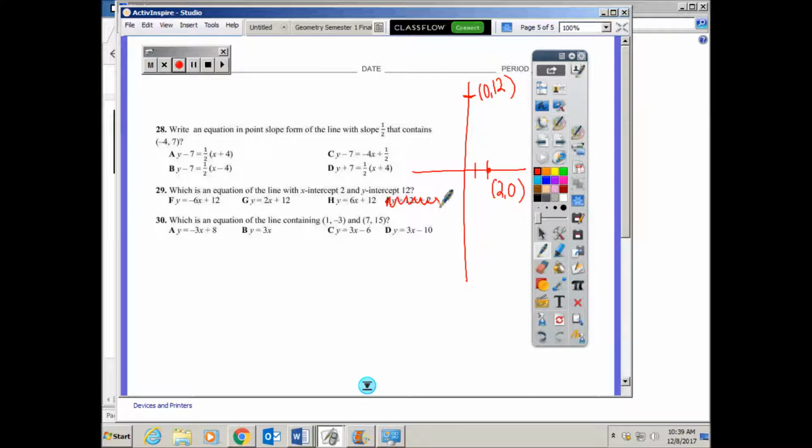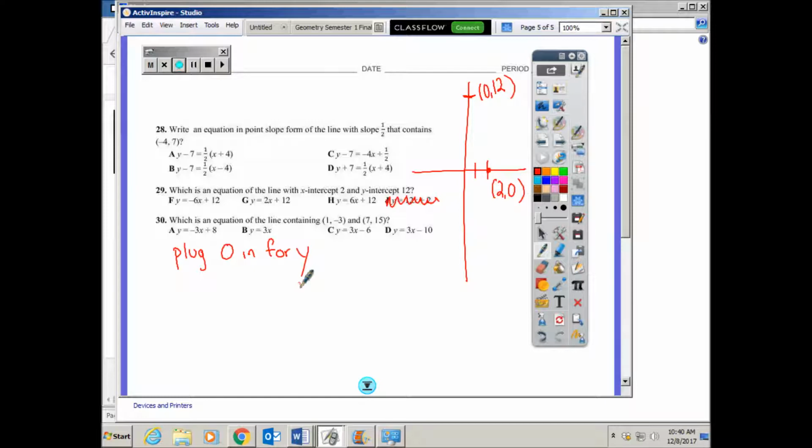Now I have to find the x-intercept. The way that you find the x-intercept is you plug 0 in for y, because my x-intercept is supposed to be 2, 0, correct? So now, unfortunately, it's just check each one.